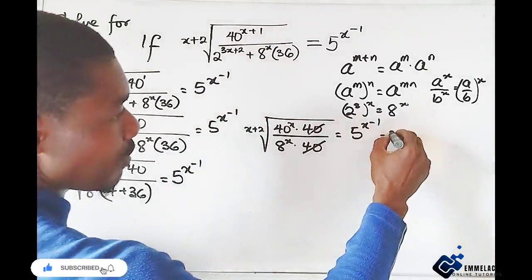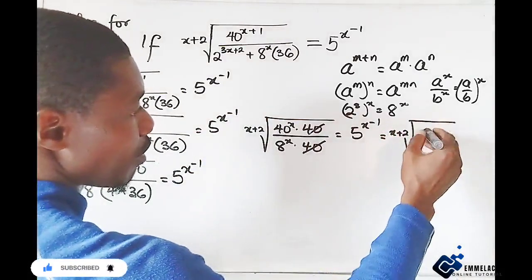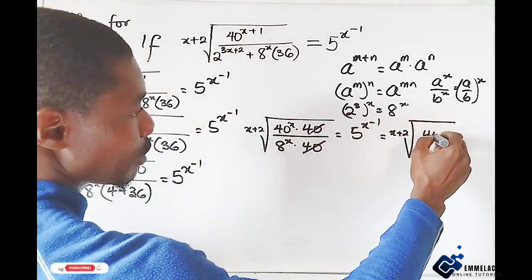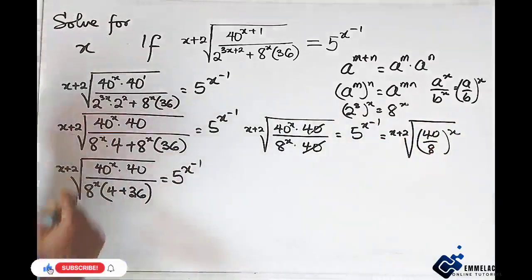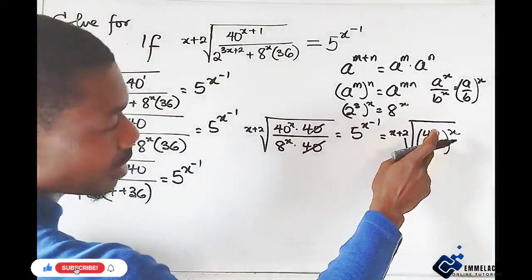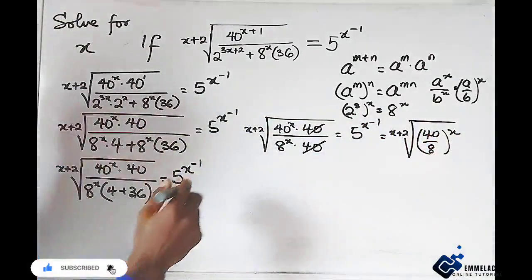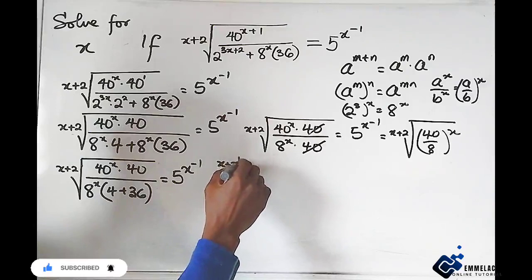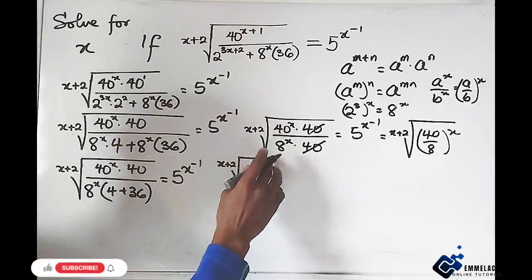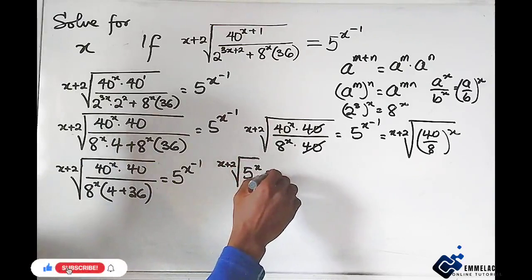Here you have the (x+2)th root of 40 all over 8, all raised to the power of x. And 40 divided by 8 will give us 5.